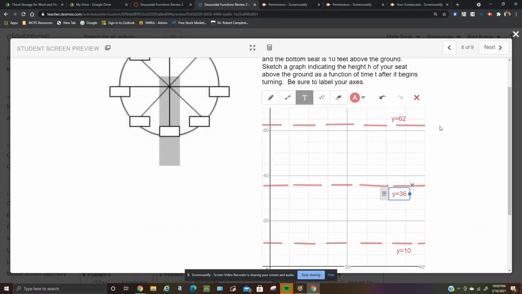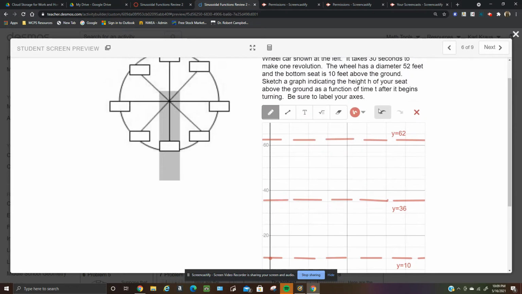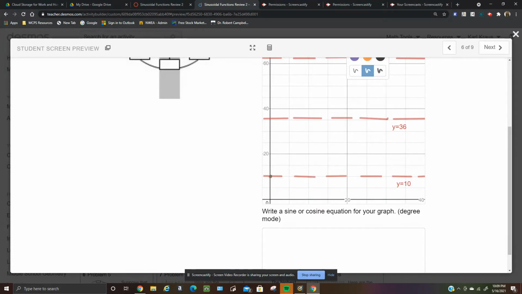All right, so if I plot the points at time 0, I'm at 10 feet. Let's do it in blue. So 0, 10.